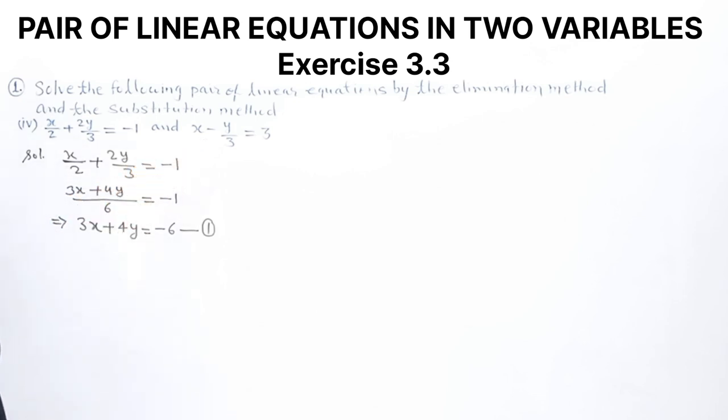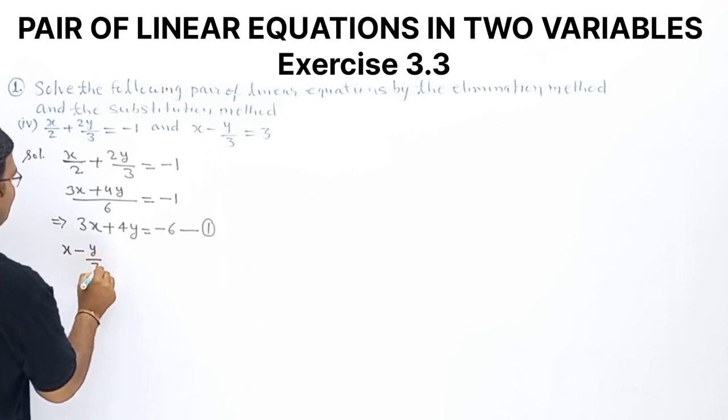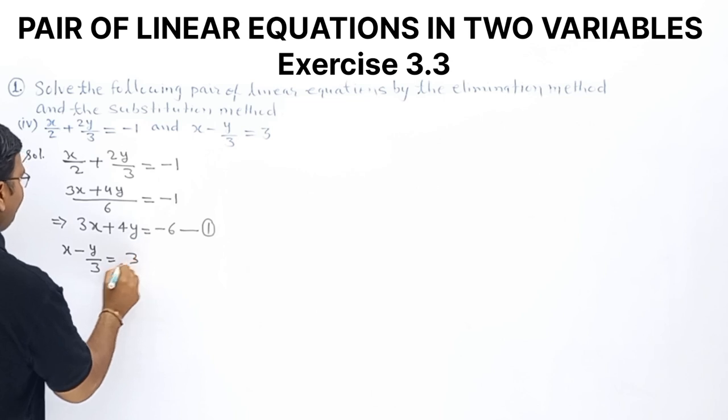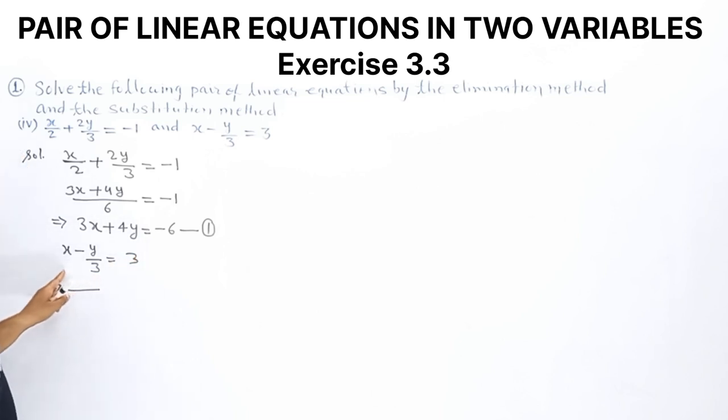Now I am taking this equation: x minus y upon 3 equal to 3. Same, I am taking the LCM on the left hand side, and the LCM will be 3.